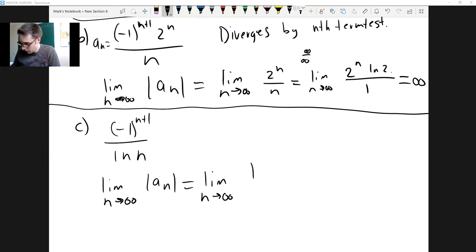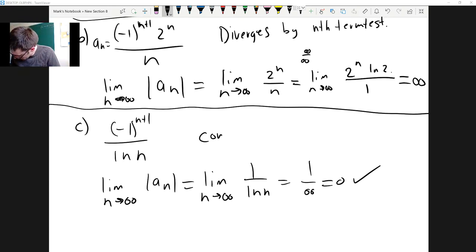And if you take an absolute value, we'll just have 1 over log n, or 1 over infinity, which is 0. And since the terms are going to 0, we can conclude this converges by the alternating series test.